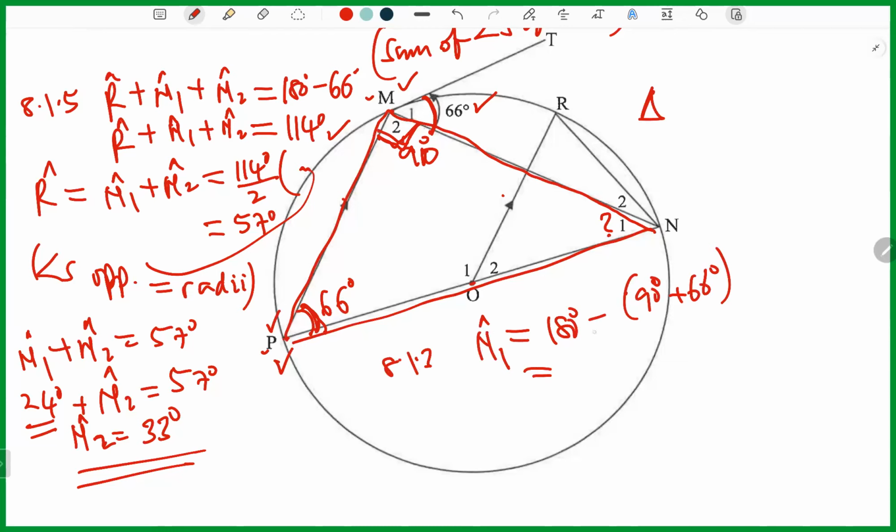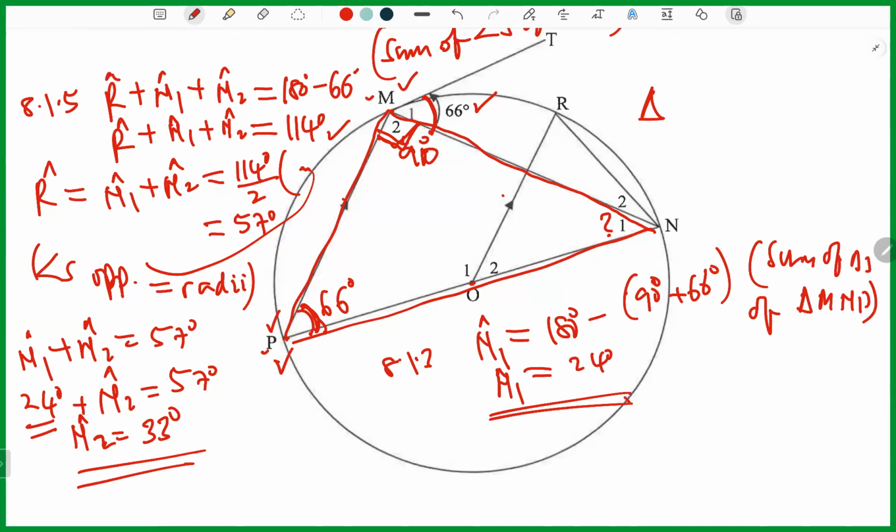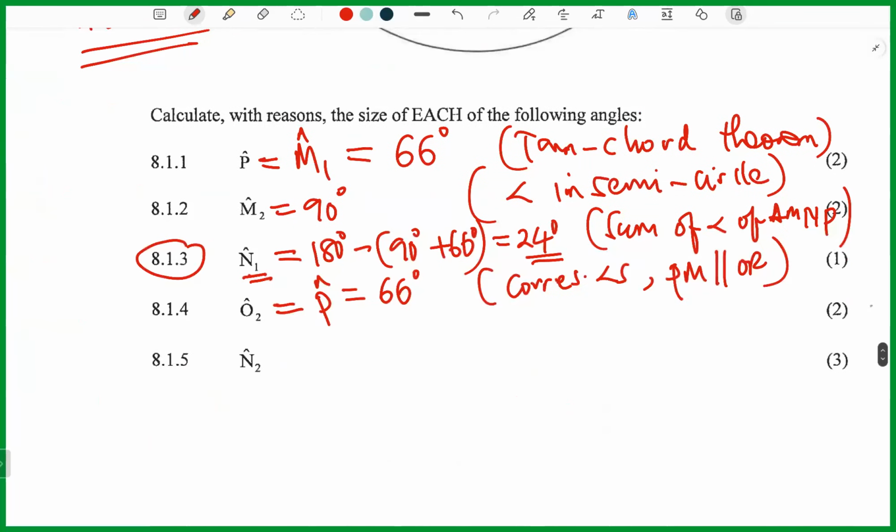Obviously, the reason for 180 minus is because of the sum of angles of triangle MNP. This is 24 degrees and this is angle N1. That's how we got 24, and then we put the 24 here, and we can get that angle N2 is 33 degrees. So we're done with the question, and therefore angle N2 is 33 degrees.